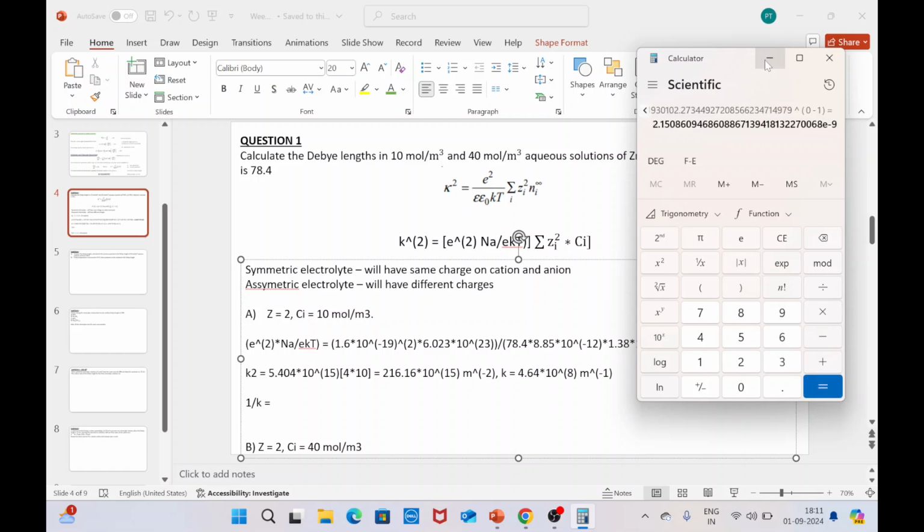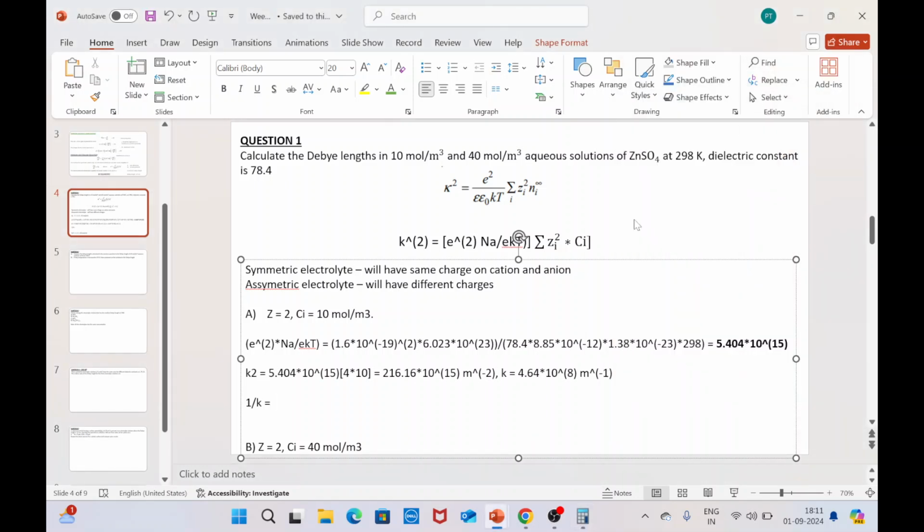So it is 2.15 times 10 to the power minus 9 meter.